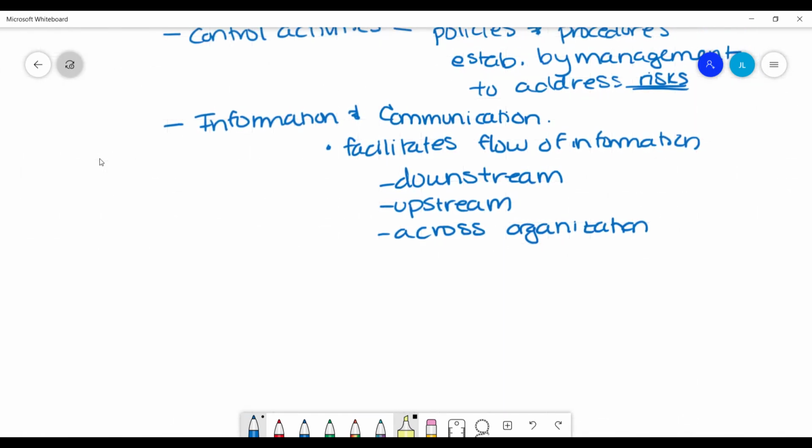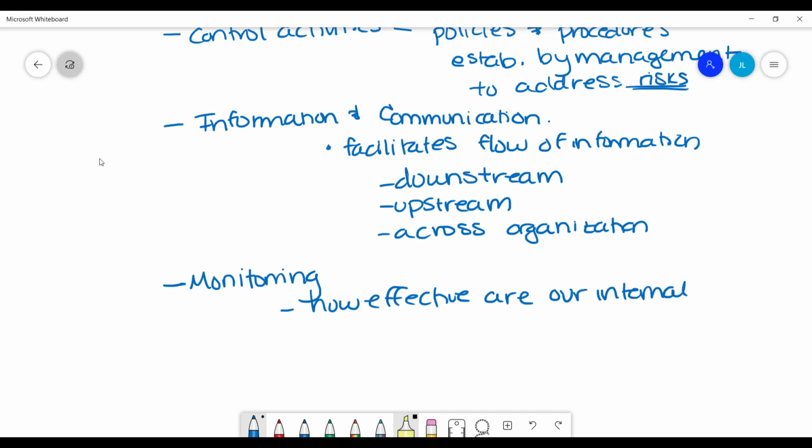And lastly, our final component of internal control is monitoring. Basically, this is the evaluation of your internal controls. How effective are our internal controls in the company, or the organization? This is where we evaluate the effectiveness of those internal controls.